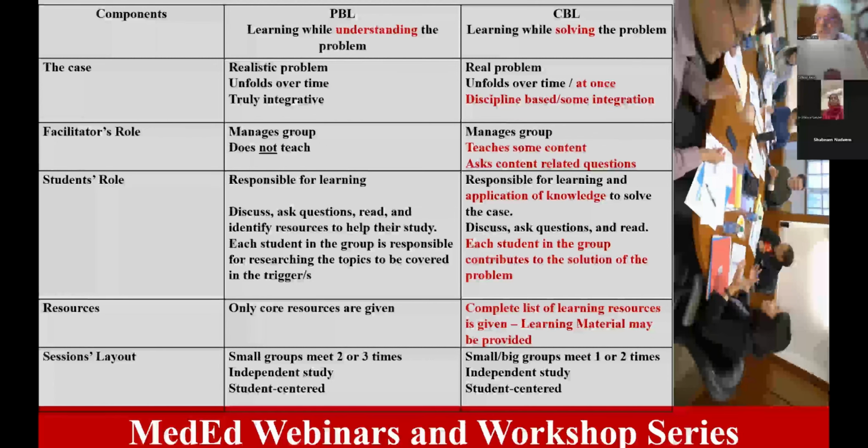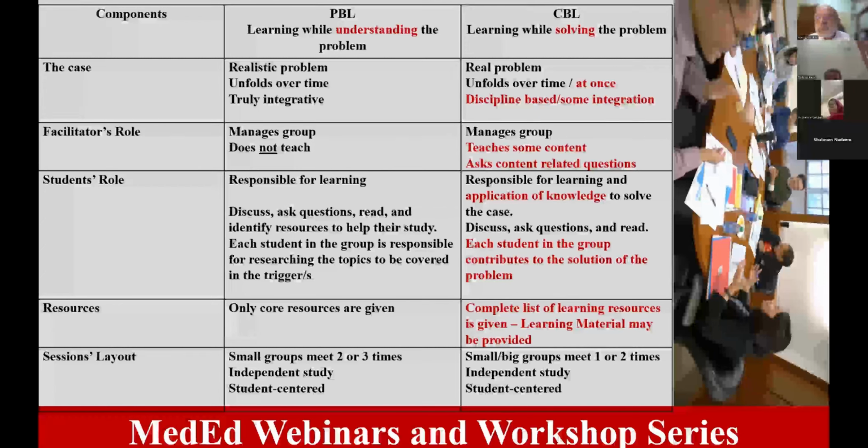They meet 2 to 3 times. And in between these sessions, they study independently or in groups, and it is mainly student-centered. In case-based learning, it is mainly a small group, but sometimes the group can be slightly larger than the usual groups. And there is independent study, and it is as student-centered as problem-based learning sessions.